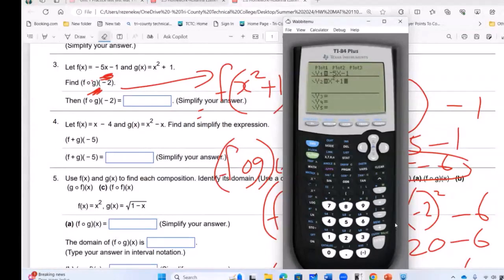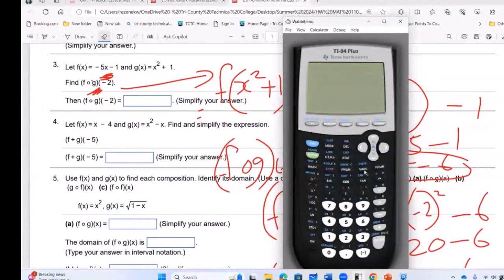So I'll go to the main screen, second quit, and then I will find, first of all, bring down my f of x, y1. Remember, y1 is in f of x.